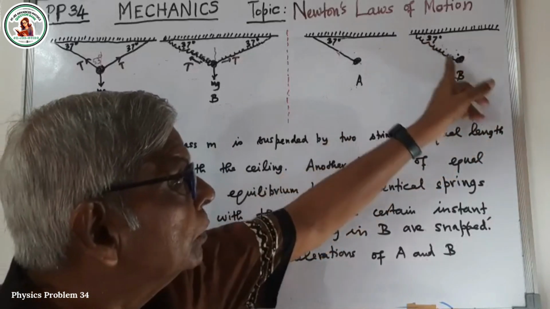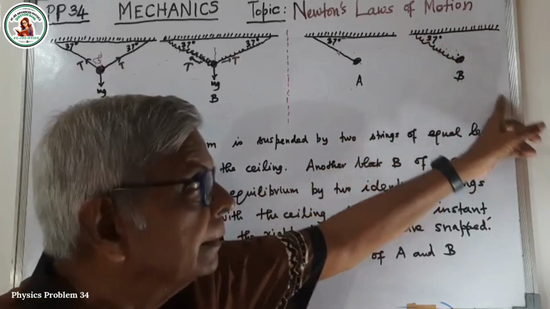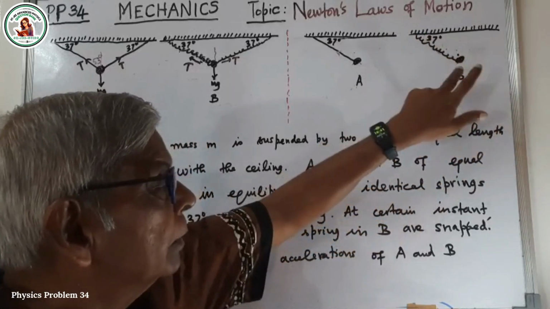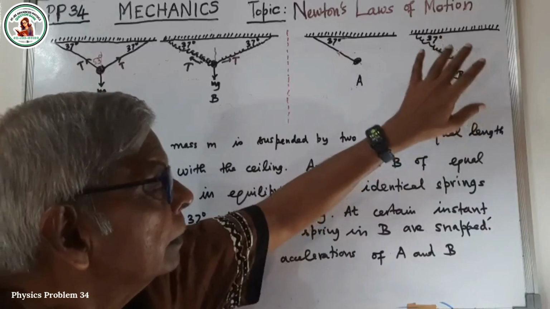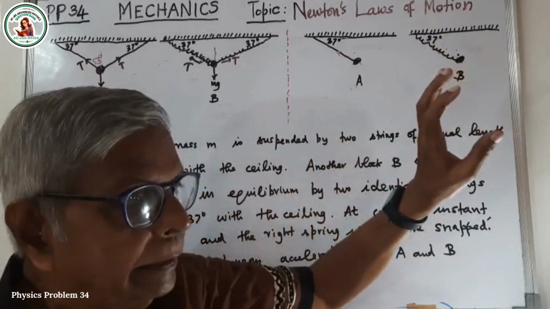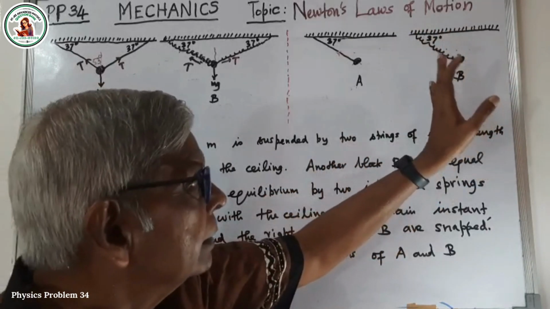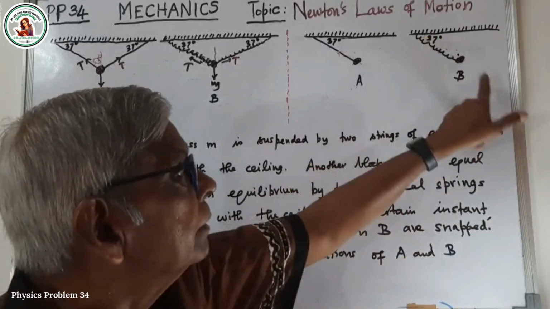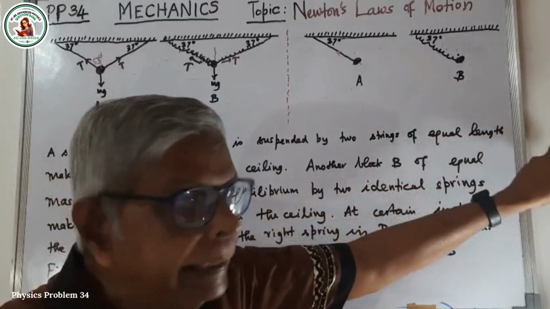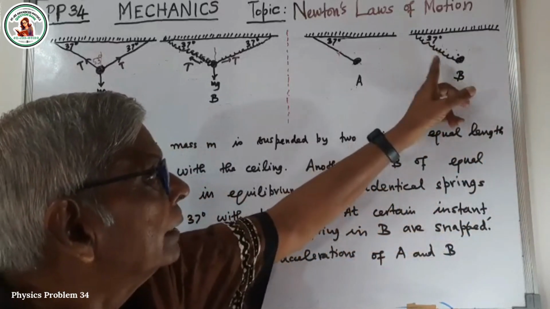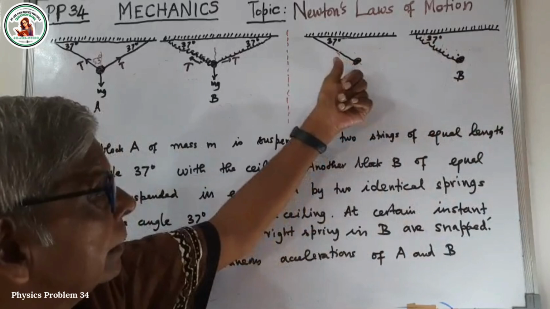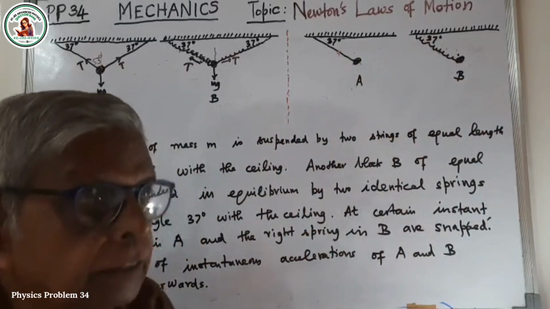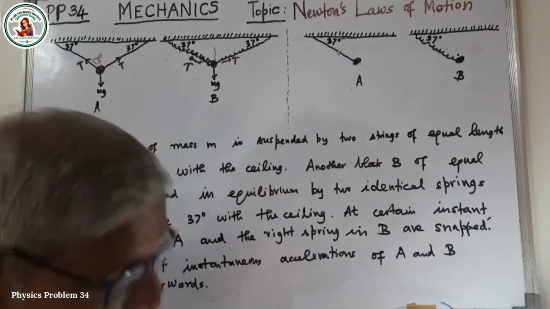A spring's tension is associated with some elongation. Till that elongation becomes zero, the spring will try to maintain some tension. So immediately after cutting, the spring tension will remain as the original tension. The string tension will change. So first we find the original tension.